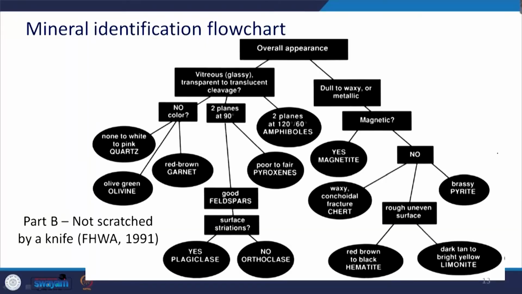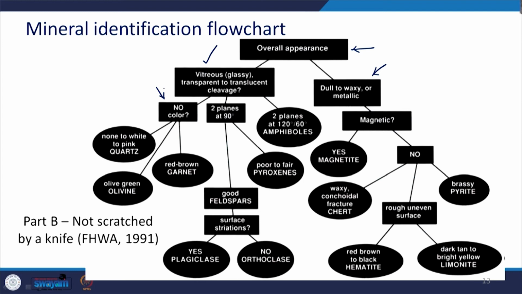So first of all we will say what is its overall appearance, whether it is vitreous, glassy, transparent to translucent, or if it is dull to waxy or metallic. Now say it is glassy, transparent to translucent, then we will see what all the colors are, if there is any color.